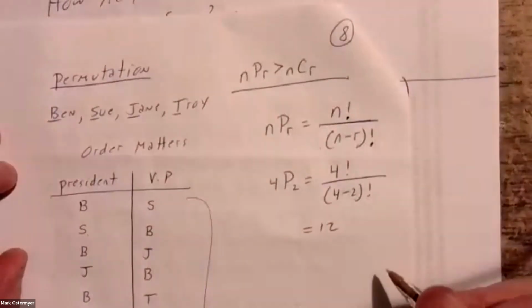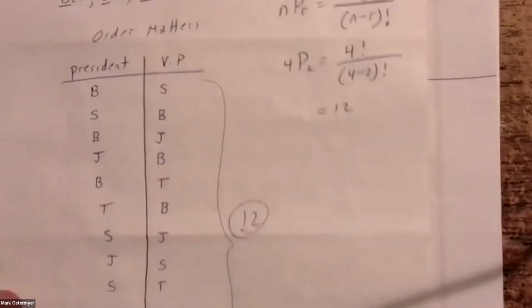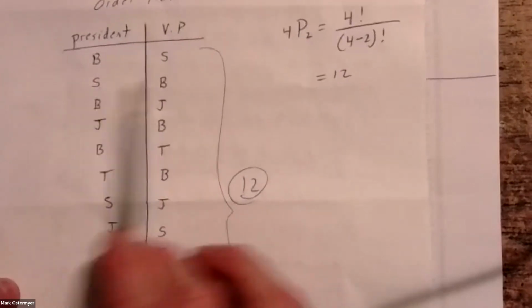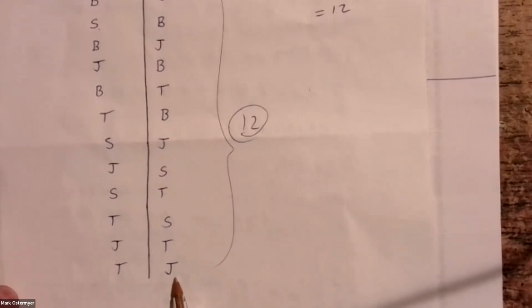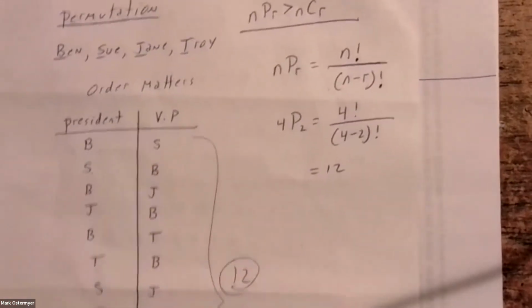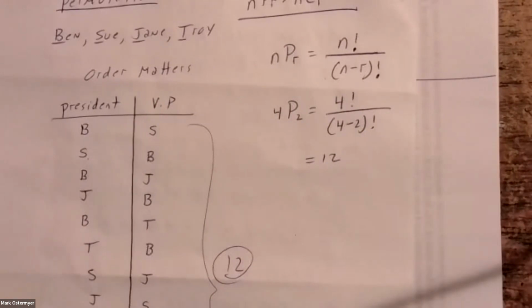Everybody see that there? It makes sense, because if order matters, you have more different possibilities for a cabinet or a team of size 2. You're going to have more possible choices.